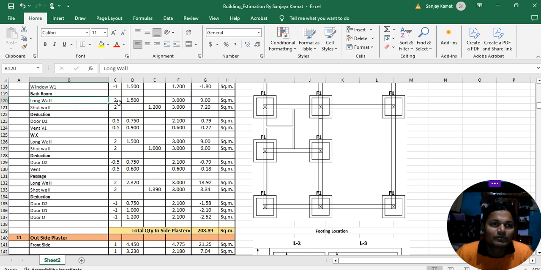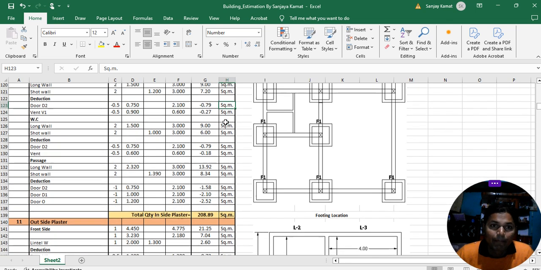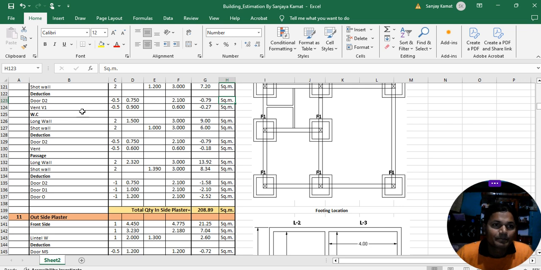For the long wall, what we are going to deduct is door D2. For D2 we have to take minus 0.5, length 0.750 meter, and thickness 2.100 meter. Once you have these three values, multiply them all, you will get minus 0.79 square meter.